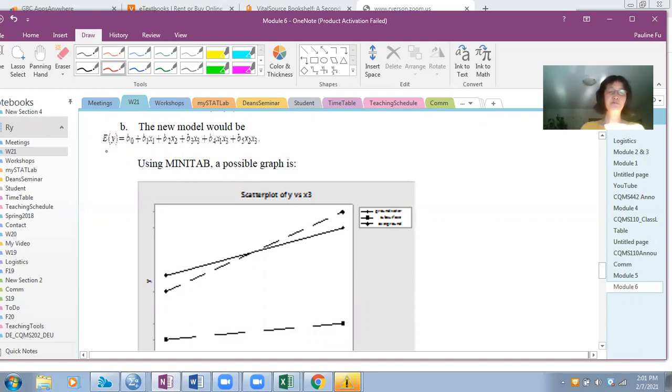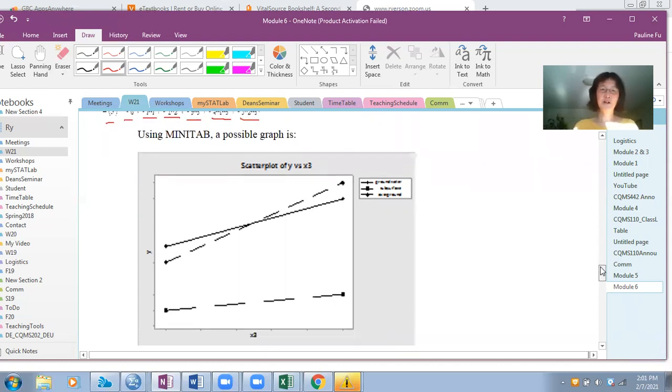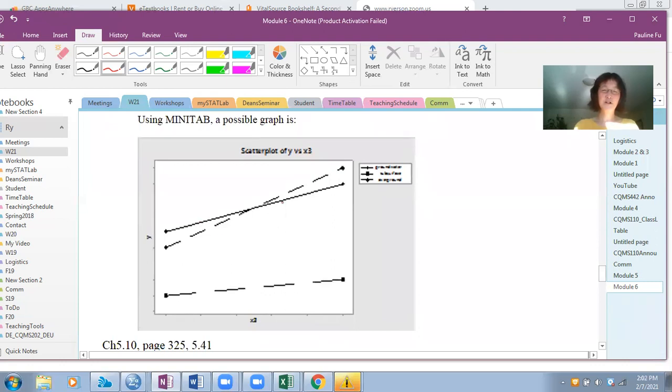So the model, one possibility is E(Y) equals B0 plus B1x1 plus B2x2 plus B3x3, and then there's interaction between x1 and x3, interaction between x2 and x3. Okay. So this is the model, and you can sketch the graph.